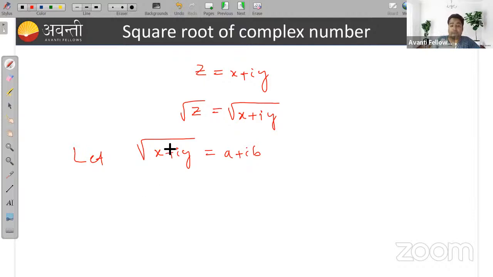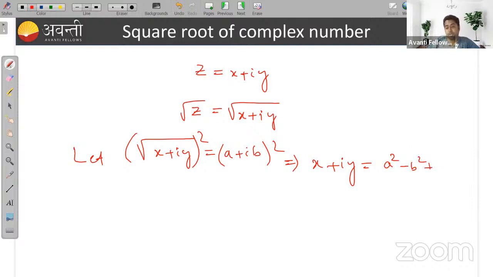If I square both sides, what are you getting? On the left hand side, I am getting x plus iy. And on the right hand side, I'm getting (a plus ib) whole square. The ib square, i square is minus 1, that becomes a square minus b square plus 2abi.